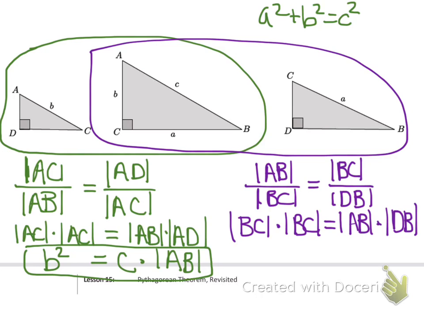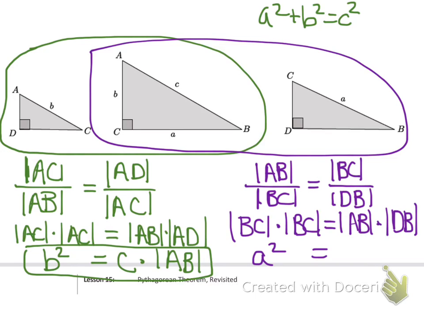All right, and again, I'm going to make substitutions with my lowercase a, b, c as much as I can. So this BC right here is length A, and BC here is length A. So this is going to be A times A, or A squared.